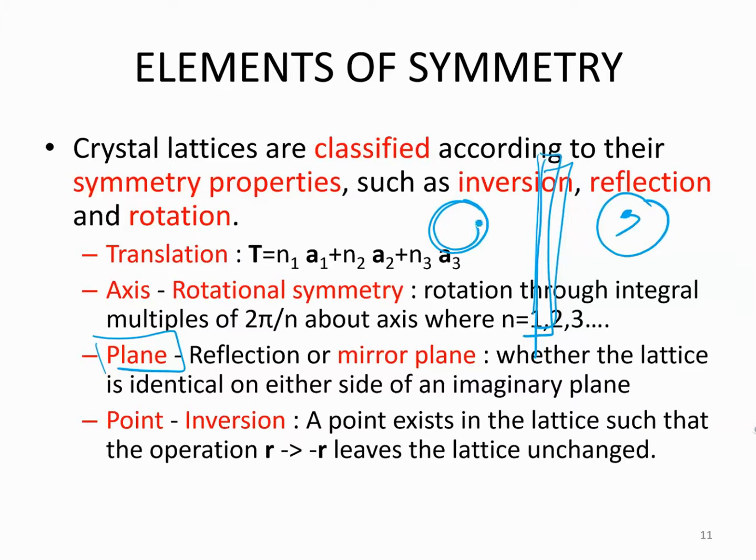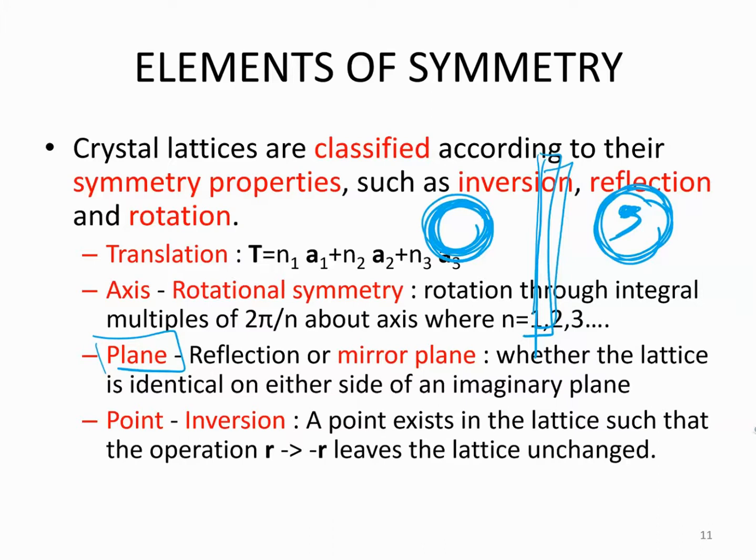So for the mirror plane, if the original point is left hand, then the mirror plane generated lattice point or atom will be right hand. Normally we put this comma to indicate that this atom or lattice point is of different hand from the original one. So it's also very simple. Of course, later on I will go into more detail.